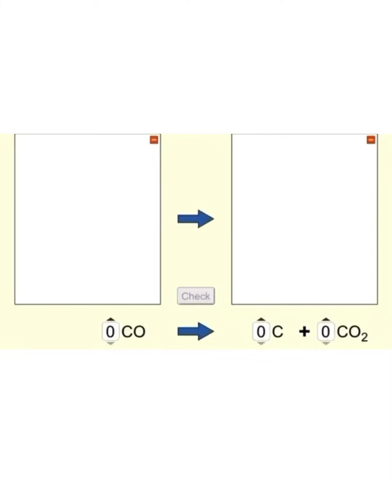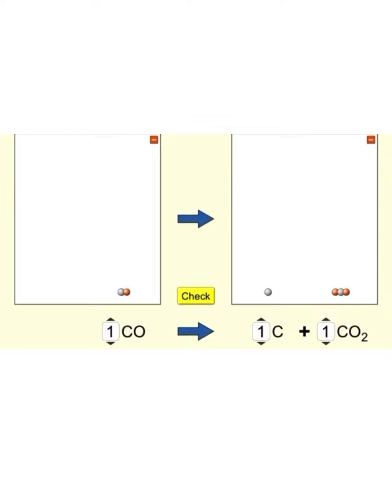Here there are 1 carbon atom and 1 oxygen atom. In the product, we have 1 carbon atom, another carbon atom, and 2 oxygen atoms because we multiply the coefficient with the oxygen subindex.